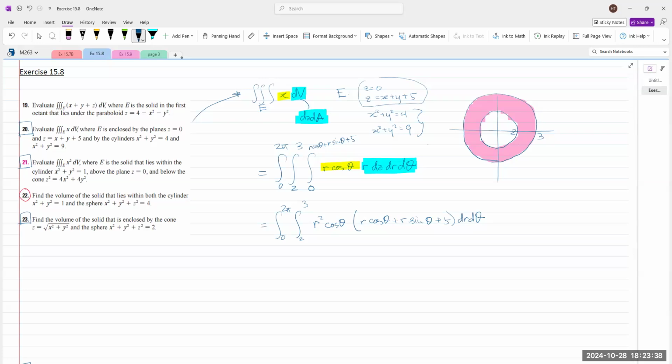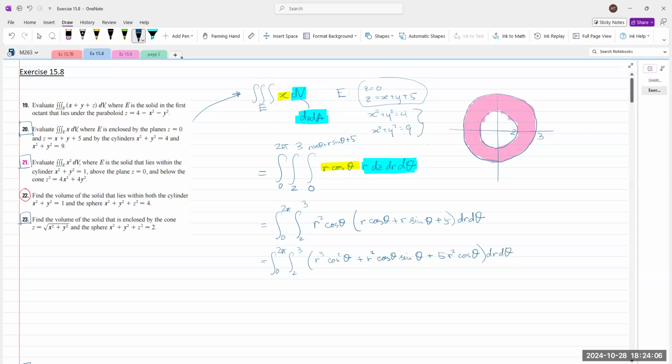How to integrate this best? This is r cubed cosine squared theta plus r squared cosine theta sine theta plus 5r squared cosine theta, dr d theta.